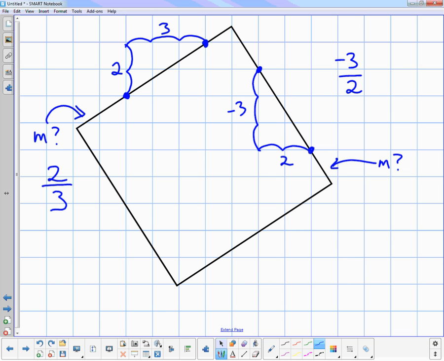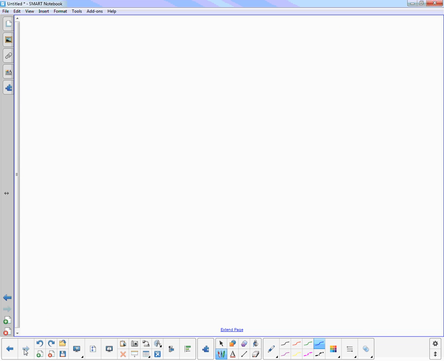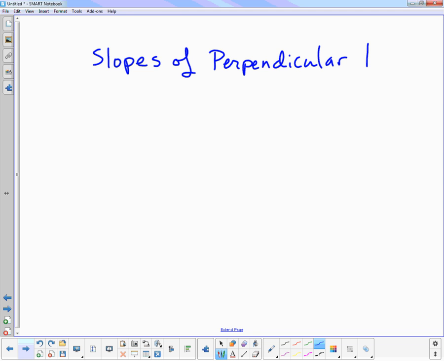In fact, if I have two slopes, now here's some fancy words. Don't freak on me here. Reciprocals.